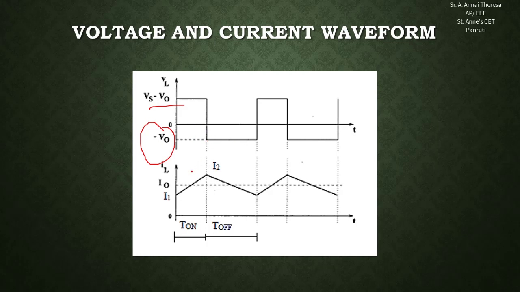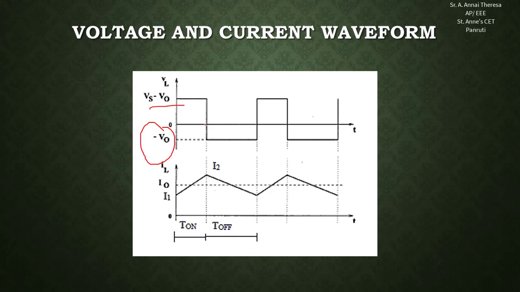What about the inductor current? When the switch is on, the inductor starts charging, so the current will be increasing from I1 to I2.